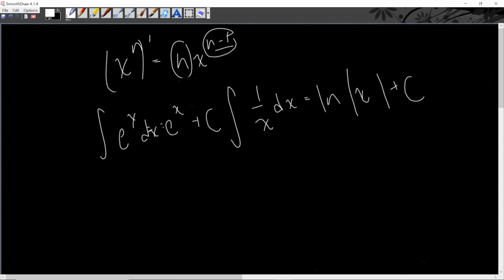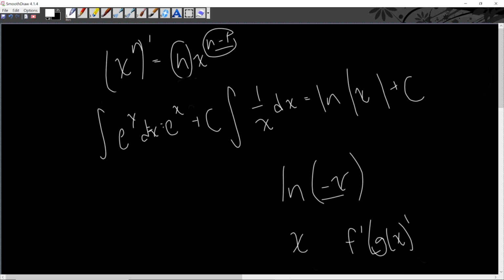The reason we have absolute value signs for ln x is because if you take the derivative of ln of negative x, negative x is not equal to x, so we have to do chain rule, which is f prime of g of x times g prime of x. The derivative of negative x is negative 1.